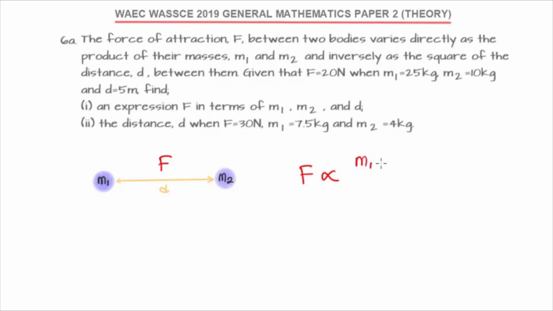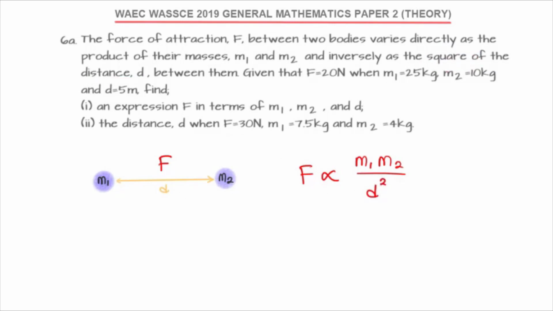And inversely, that means 1 over the square of the distance d between them. That will be raised to power 2, so we have inversely as d raised to power 2.